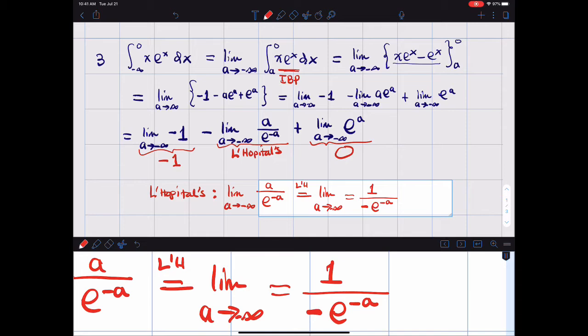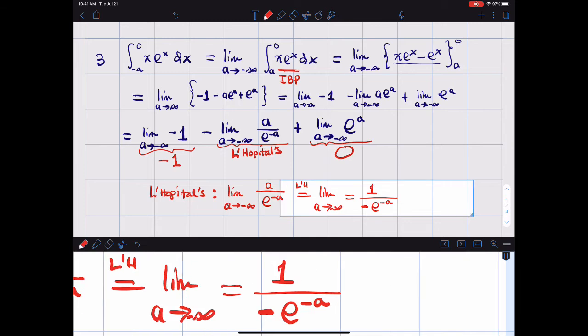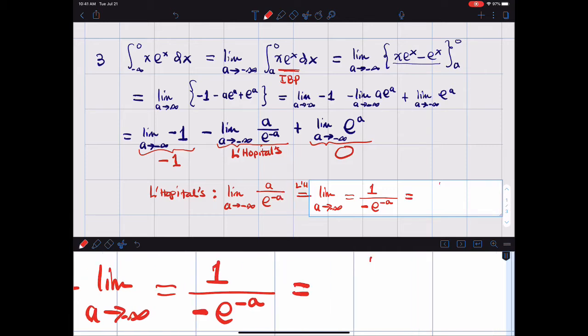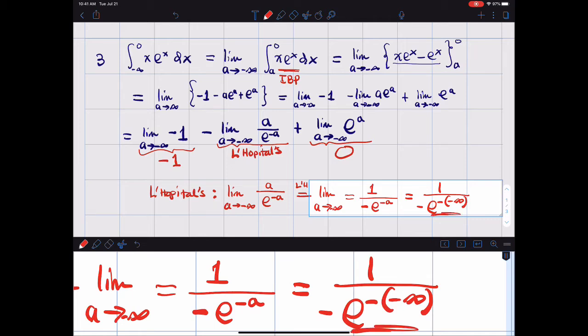Okay, so now plug in negative infinity into negative e to the negative a. This is not the best way to do it, but I'm going to do it that way just to demonstrate to you. This is e to the infinity. So the denominator now is kind of negative infinity, which is huge.